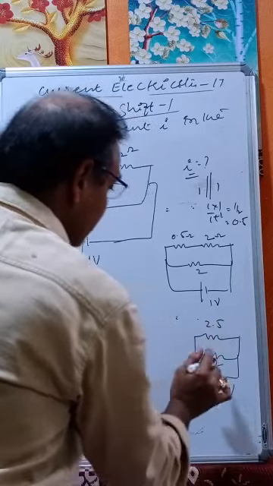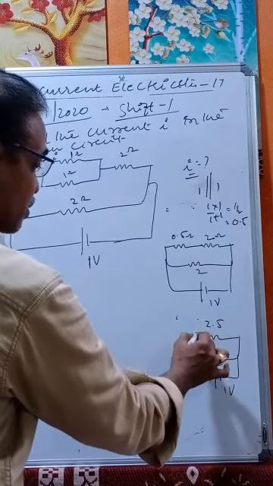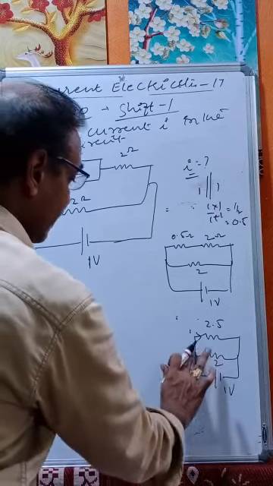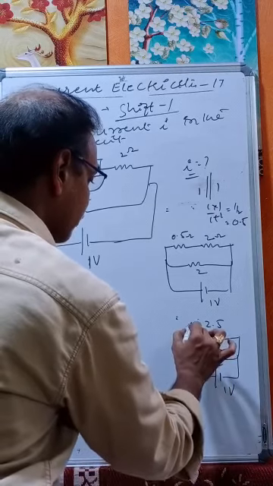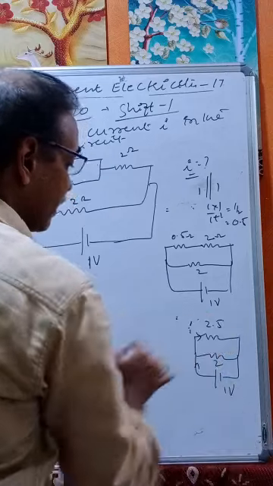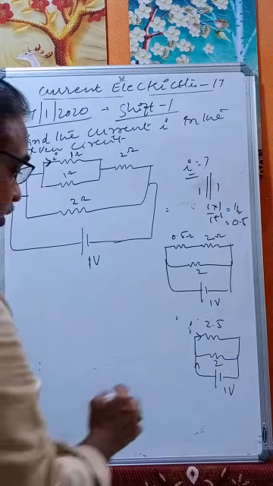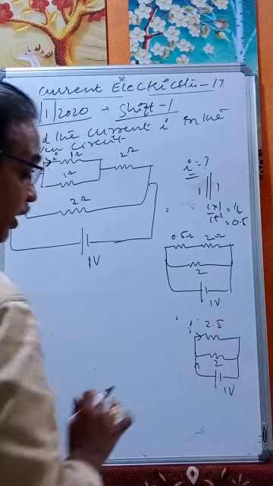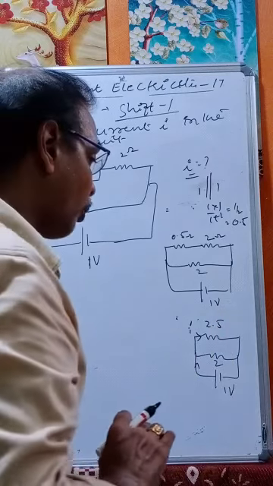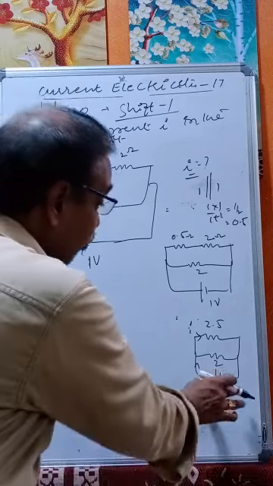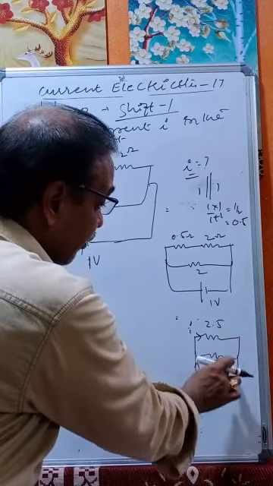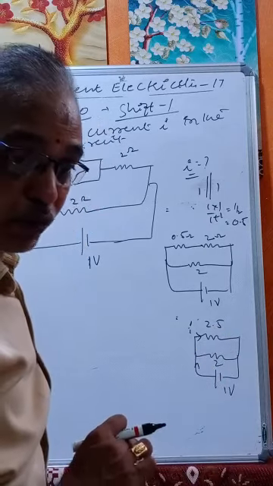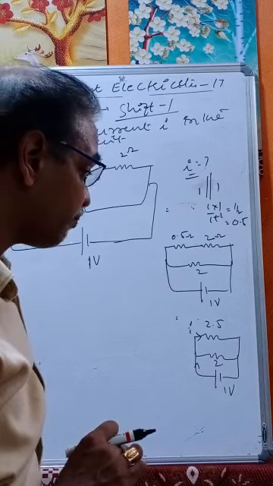Therefore, let us take the current through this one as I dash. I dash is the current through 2.5. Now the same 1 volt appears. This is the parallel combination of 2.5 and 2. Therefore, the same voltage appears across 2.5 and 2.